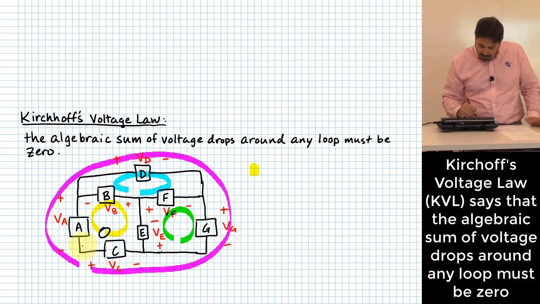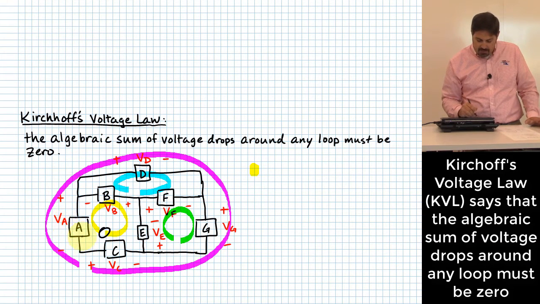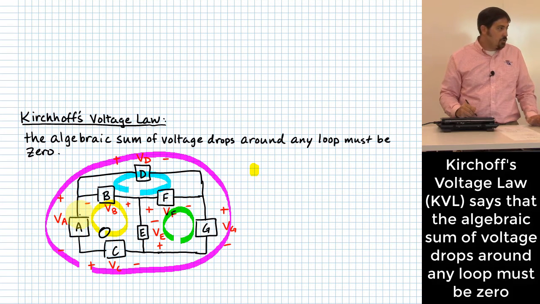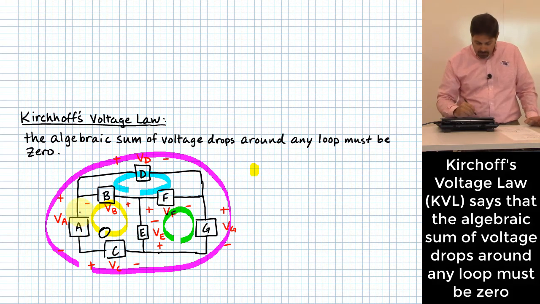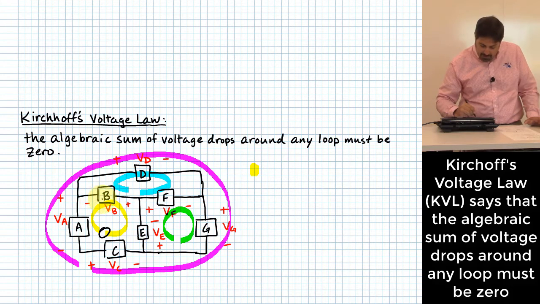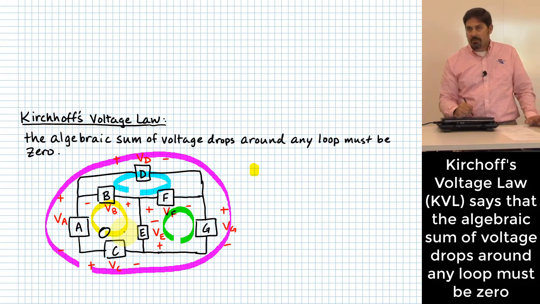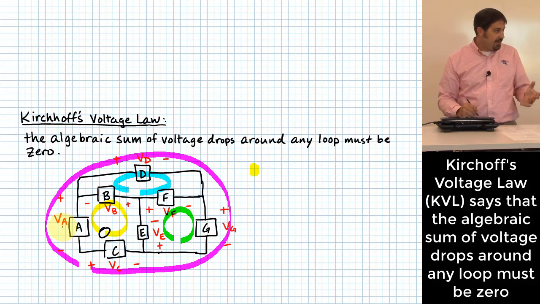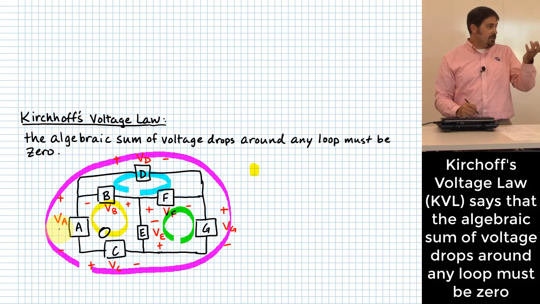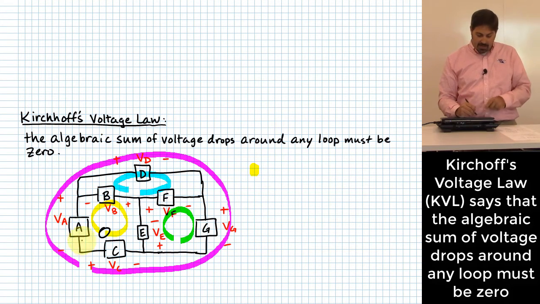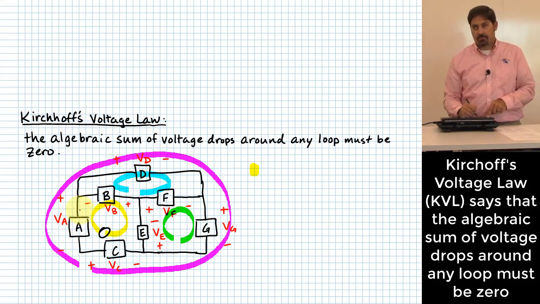So let me ask you this. How much voltage drop do I have according to VA across element A? Is voltage dropping going that direction? If I'm going clockwise through A, is voltage dropping or is it increasing? According to reference direction A, it's increasing. So how would I count that contribution?